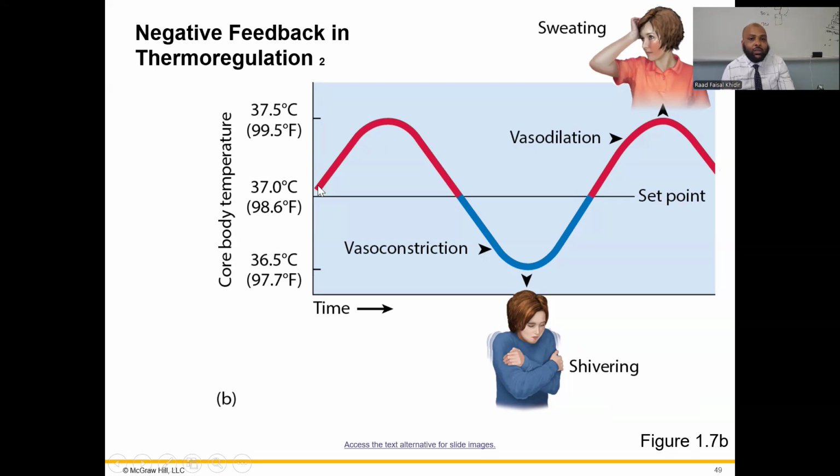If it goes up to 37.5, it's too hot, so we start sweating and also vasodilation, and that brings the temperature down to the set point. If the temperature drops to 36.5, now 0.5 below the set point, there's vasoconstriction followed by shivering, and that restores everything back to the set point.